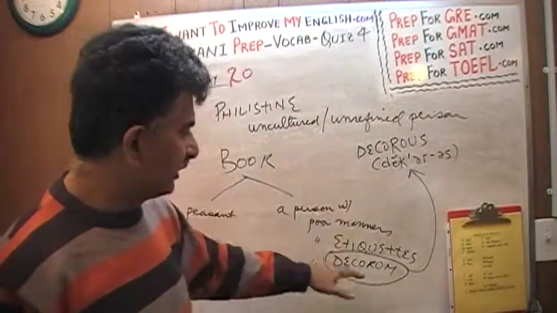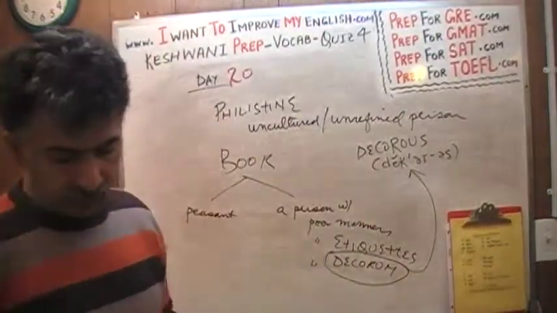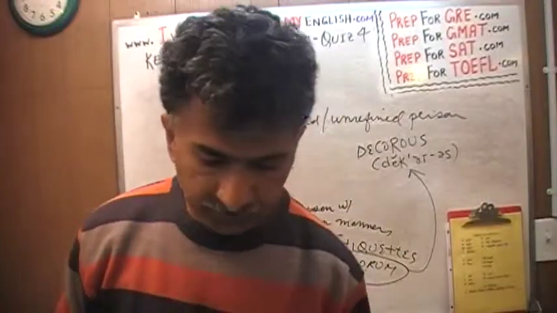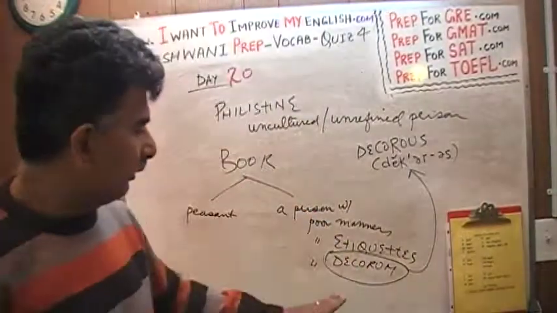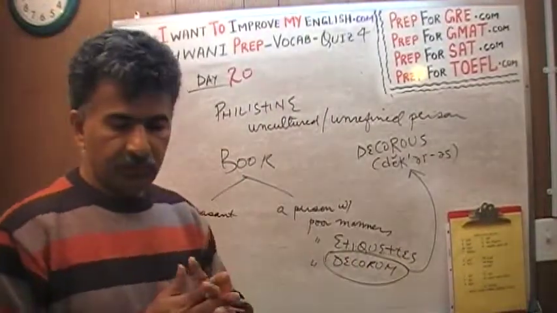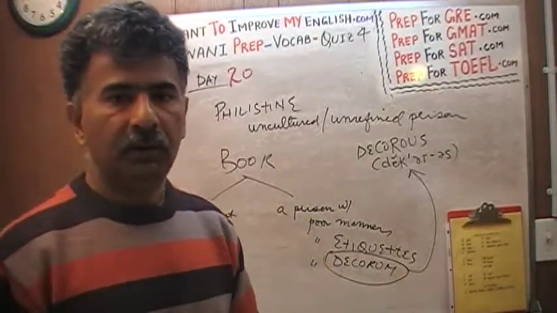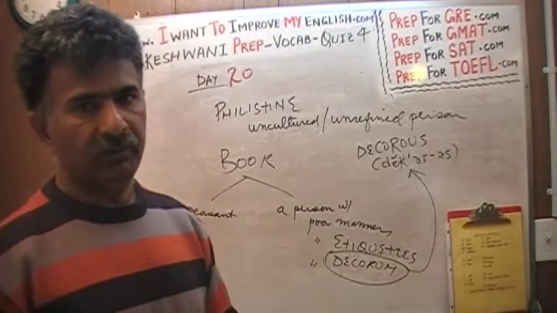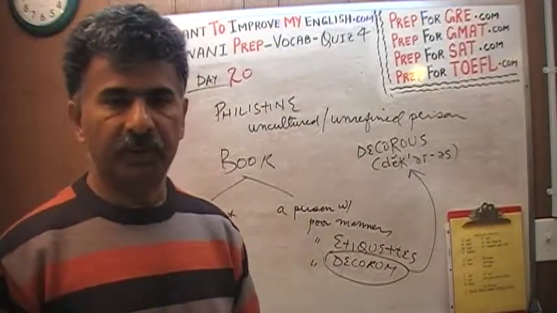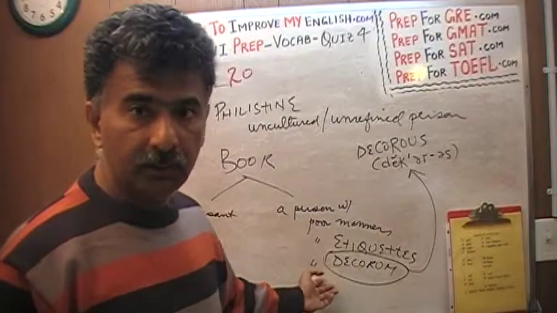You see the pronunciation changes, which is why I made a point of covering it, so that we understand the noun and the adjective. To be decorous means to have proper manners, proper etiquette, proper behavior. And if you have proper behavior, proper etiquette, proper manners, you have decorum.